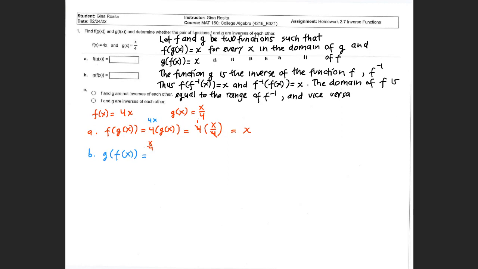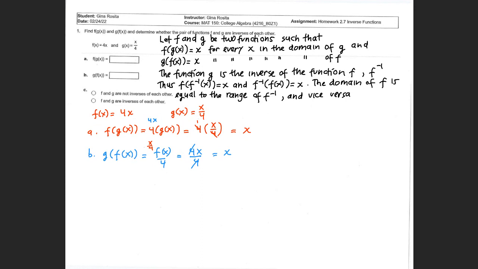So now you just replace x with f of x over 4. Okay, now replace f of x with 4x over 4. Cancel. So the answer becomes x. Will follow, yeah? So now go to C.